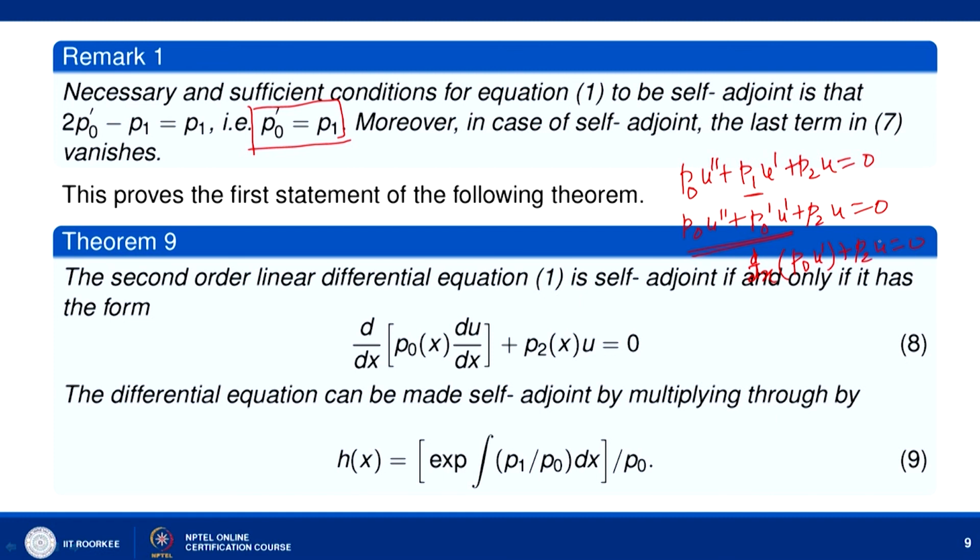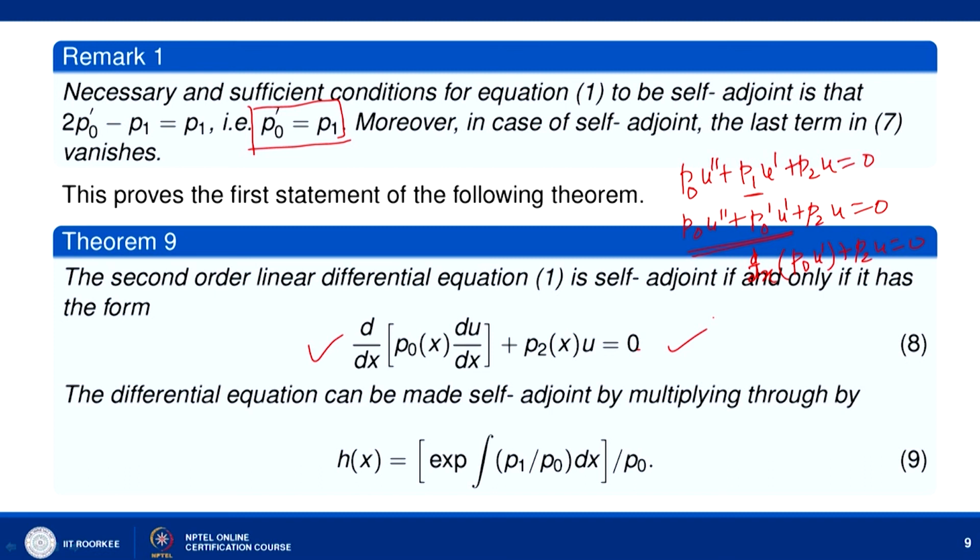So now I can write our differential equation in the following form: d by dx of (p naught of x du by dx) plus p2 of x u equal to 0. If a differential equation is written in this particular form, then it automatically satisfies the necessary and sufficient condition for self adjointness. So this kind of differential equation is known as a self adjoint differential equation.